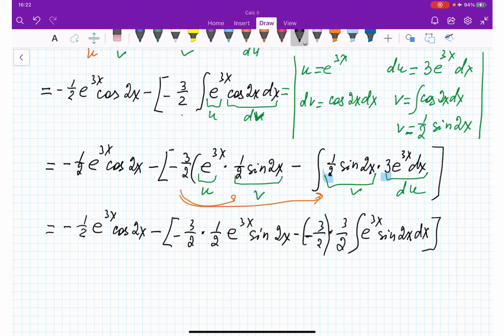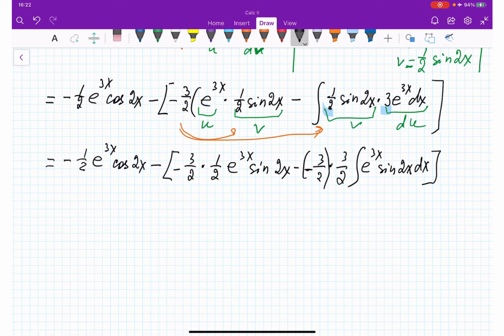Okay, next we are going to have negative 1/2 e to power 3x cosine 2x minus negative 3/4. Actually, I can open parentheses, might as well. Nothing prevents me from opening parentheses.